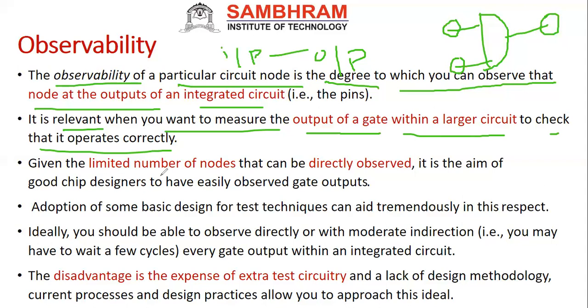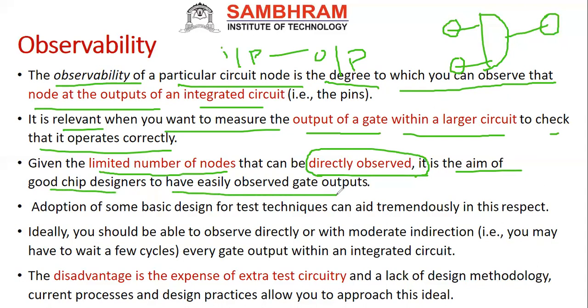Now here, there is a limited number of nodes that can be directly observed. If the number of nodes is limited, say your circuitry is a very small circuit, then we can directly observe the output. But it is the aim of good chip designers to have easily observed gate outputs.